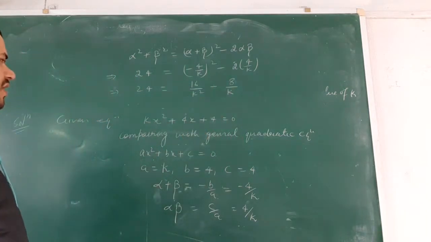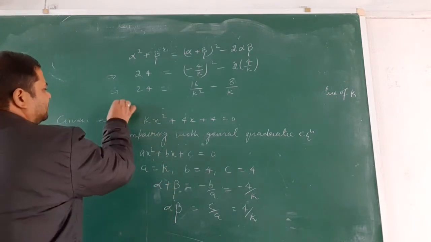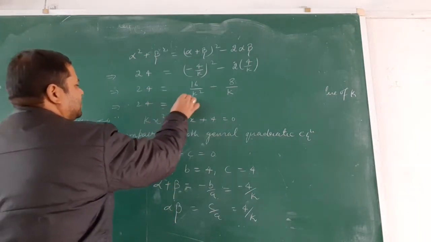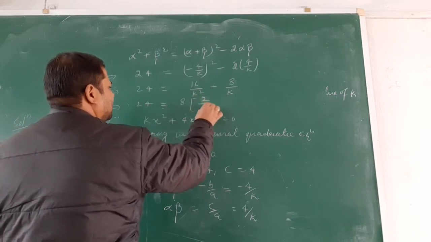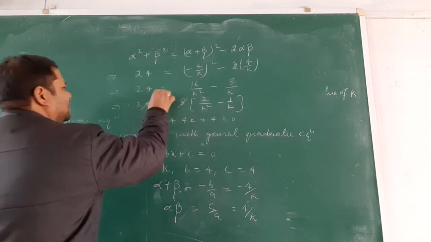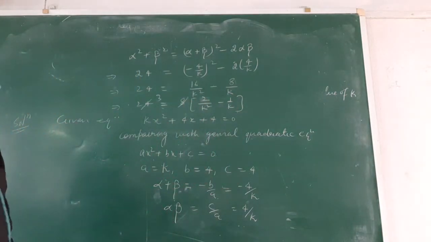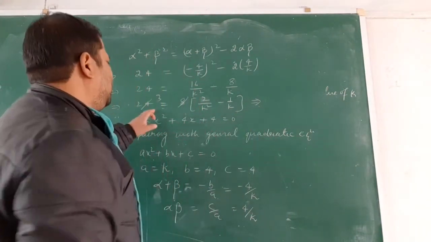If we take 8 common, then 24 is equal to 8 times 2 by k square minus 1 by k. 8 threes are 24.